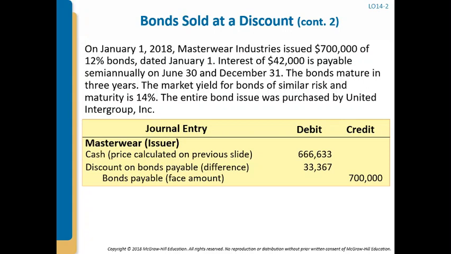But what's going to happen is every 6 months, you're going to reduce the discount on bonds payable so that the book value, the difference between bonds payable and the remaining discount on bonds payable, will keep increasing until in that last period you now have no discount on bonds payable left. All you have is bonds payable at face value of $700,000.